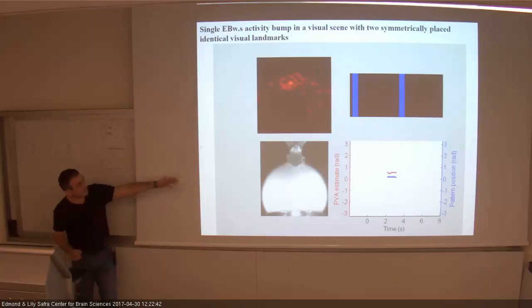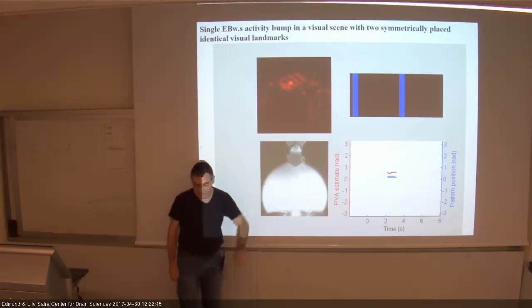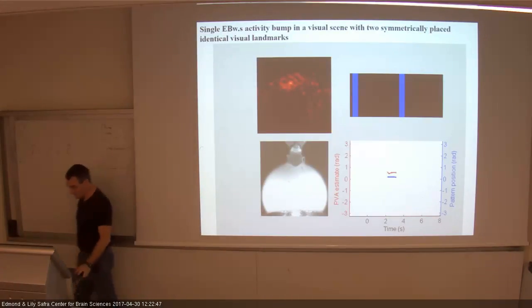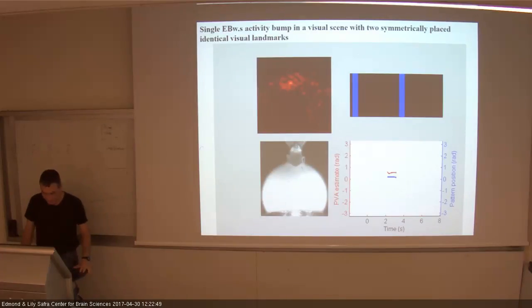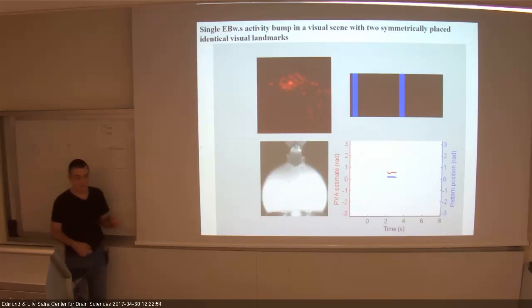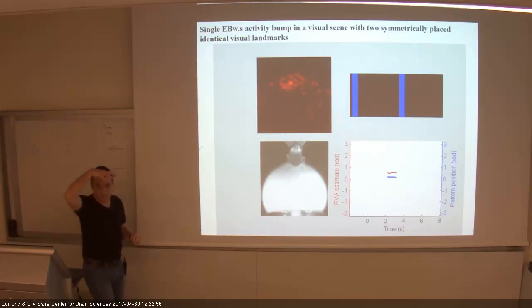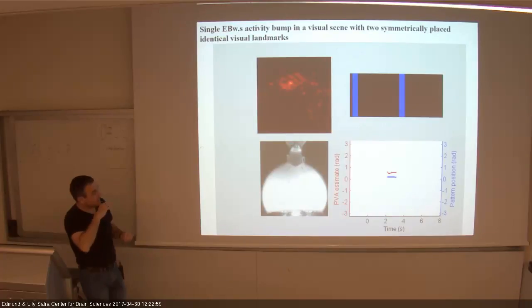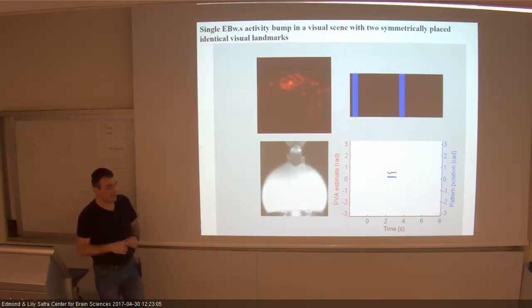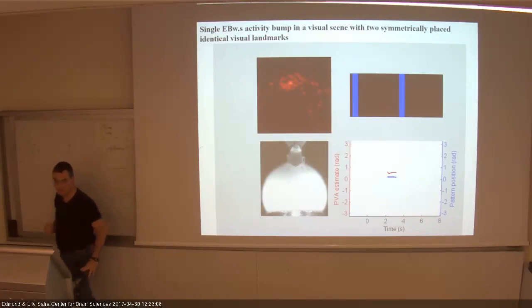Another thing that is interesting to think about in the framework of this experiment: let's say that we accept the ring framework and there is a bump of activity. How does external input change the location of the bump? This is very similar to the question that we asked regarding integration in the framework of working memory. Now the bump resides on a manifold. It's like a line attractor.